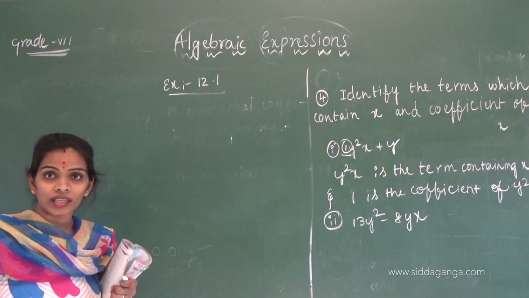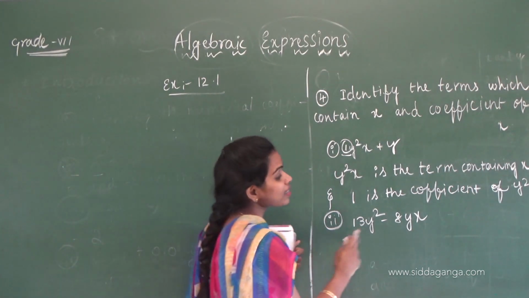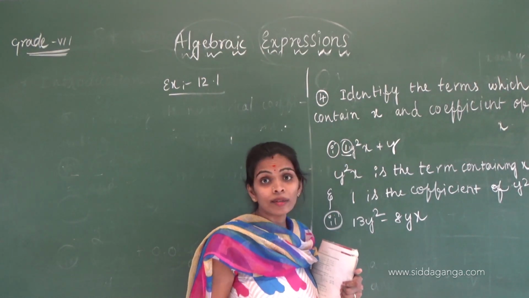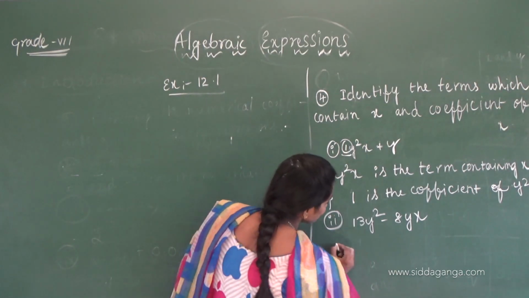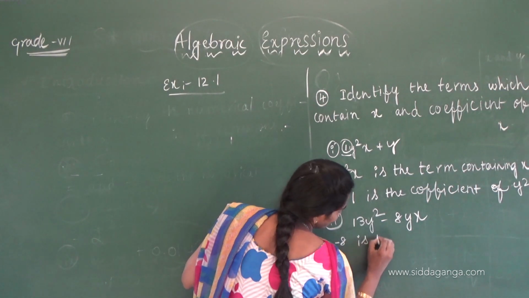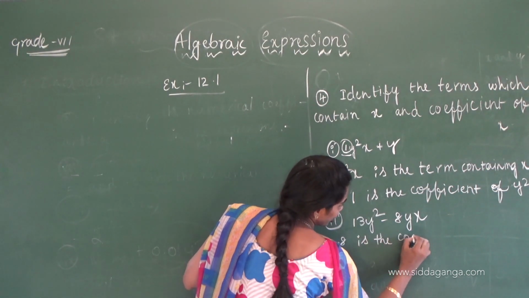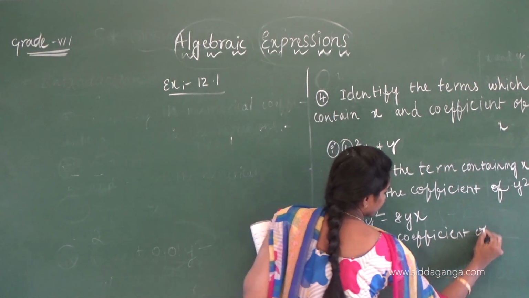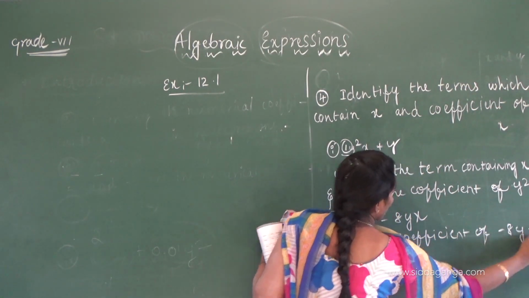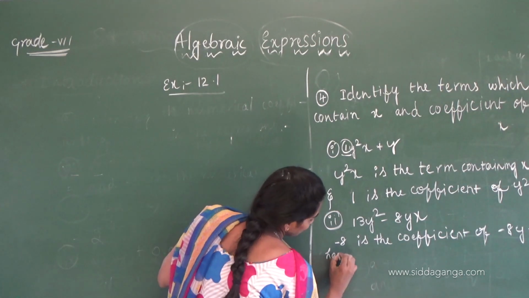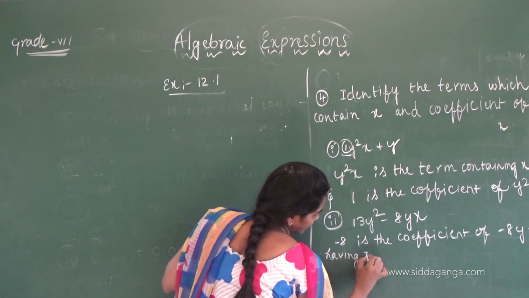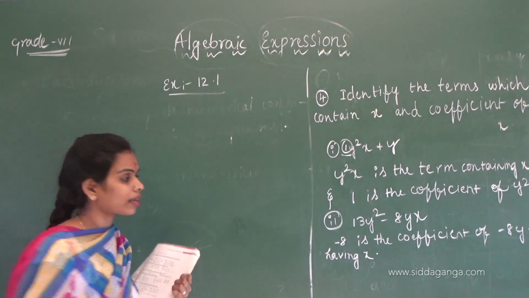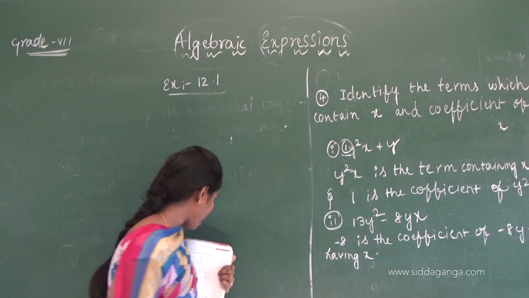Minus 8xy is the term which is having x, and you have to write minus 8 is the coefficient of x in minus 8xy. You can write like this or like this, okay. Otherwise you can also write containing x.